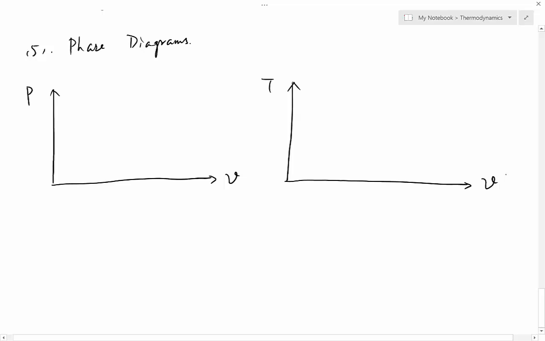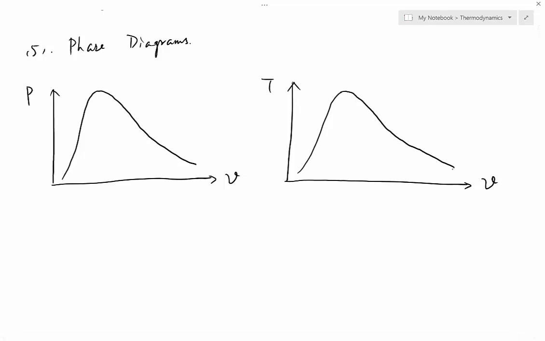And remember the first thing you need to do is always to draw the vapor dome. The left half is steep, and the right half is not as steep. All right, two vapor domes. Remember, they're not exactly symmetric.